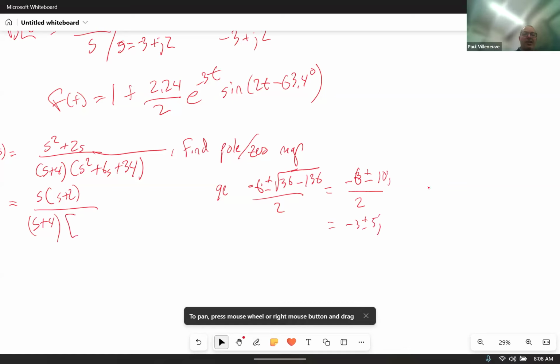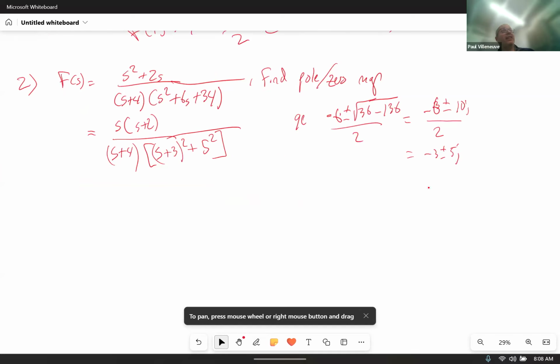Putting that in our standard form, we have s plus 3 squared plus the imaginary part squared. Now this is all factored out. We know what the poles and zeros are. We know what the roots are.